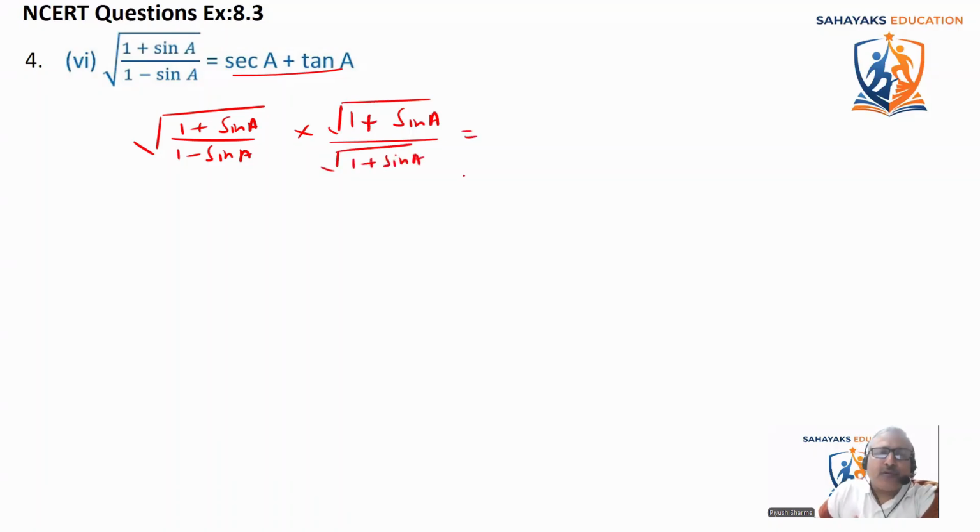So what will that give us? On the numerator, it becomes 1 plus sin A because it becomes a square. And here it becomes 1 minus sin A into 1 plus sin A. It is A minus B into A plus B, it becomes A square minus B square. It is sin square, and this is under the square root.